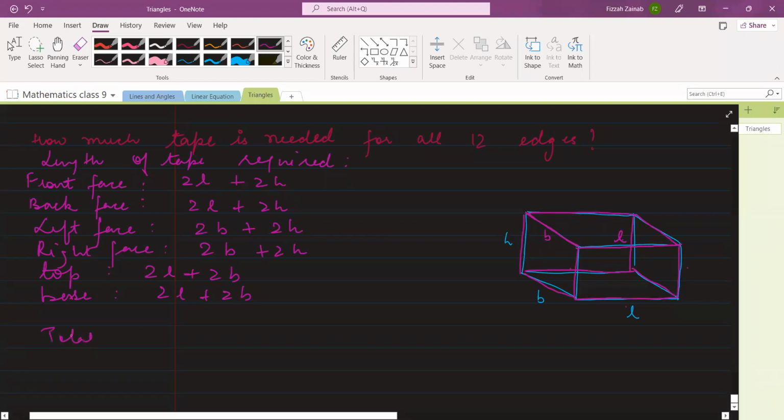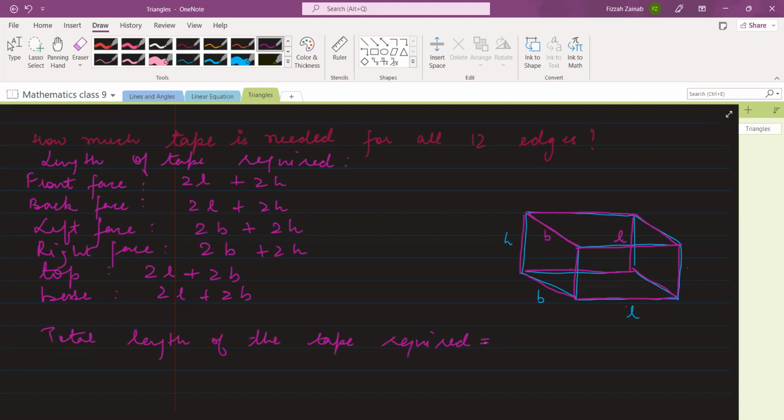So total length of the tape required is equal to. Now simply add them. What else can you do, right? So very carefully, just write 2L plus 2H.